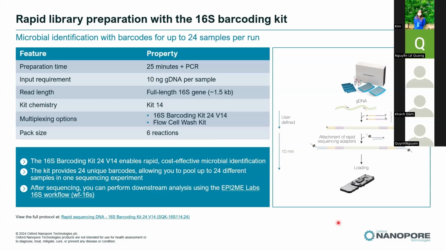It uses the Kit 14 chemistry, which is our latest chemistry. It also includes 24 unique barcodes, which allows up to 24 samples to be pooled in one sequencing run. For post-sequencing, the analysis can be performed using EPI2ME, and there is a wf-16s workflow that you can use. So you can see that this is a very simple end-to-end workflow with extremely short hands-on time.